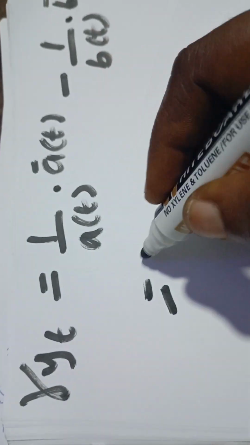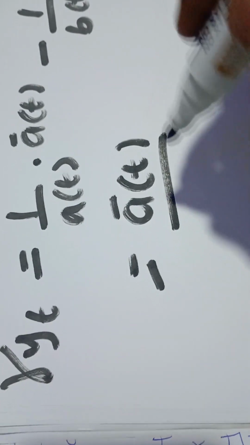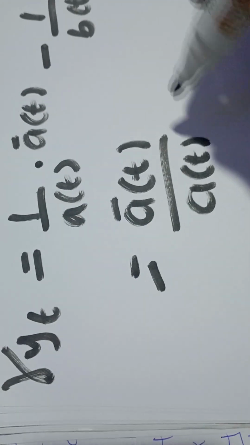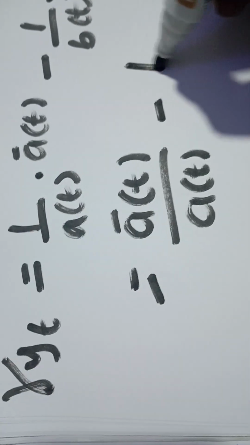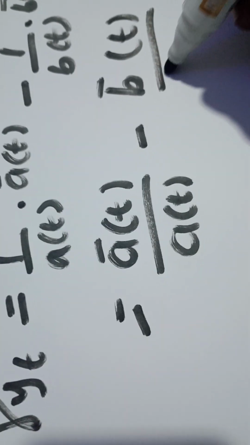So multiplying the numerator, 1 times this will give us a hat defined at a certain time over a at t minus b hat with time over b at t.